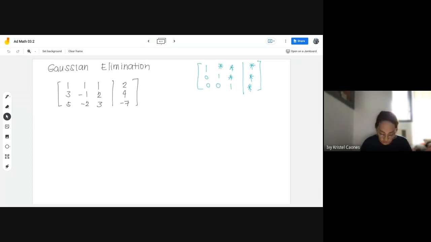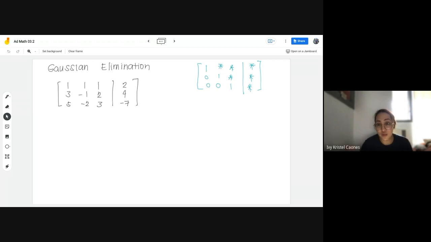Luckily, in this example the 1, 1 is already 1. If not, you have the choice to interchange the equations, which will give you 1 as the first entry of your matrix, or you can divide the entire row by that first element to have 1 at the beginning of the matrix. Okay? So here, it is 1 already, so we don't need to interchange or divide the first row.